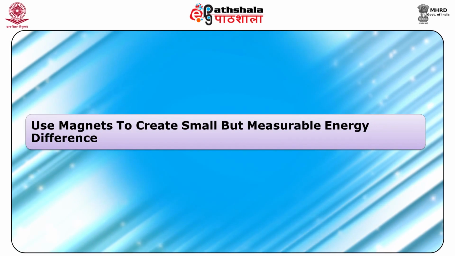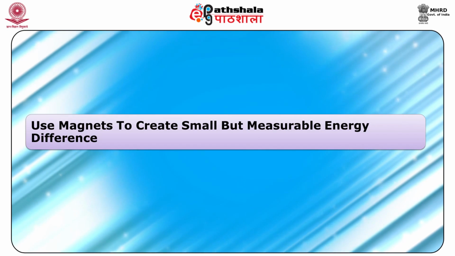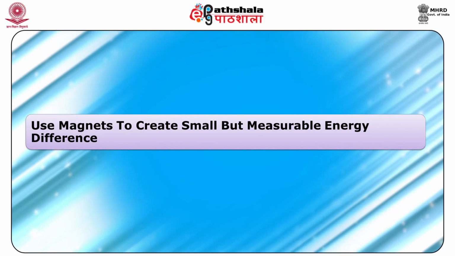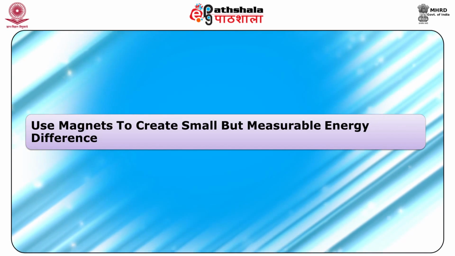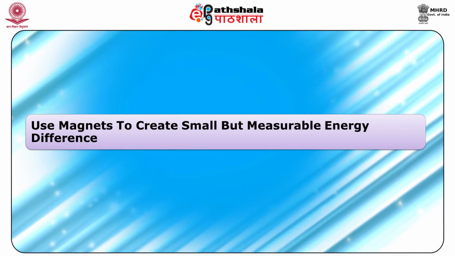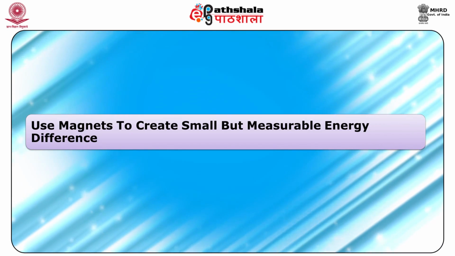These spectrometers use very powerful magnets to create a small but measurable energy difference between two possible spin states.